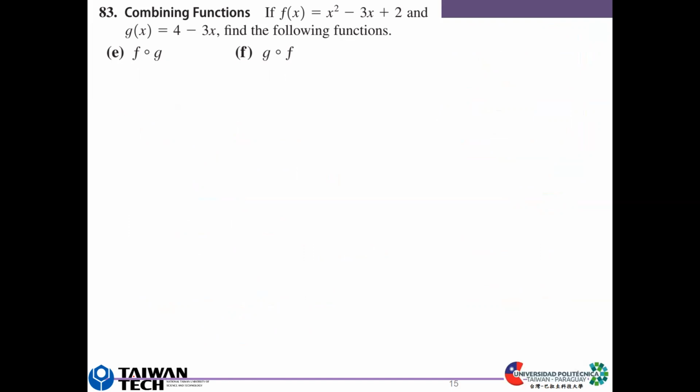The first is the composition of f and g. The second is the composition of g and f.